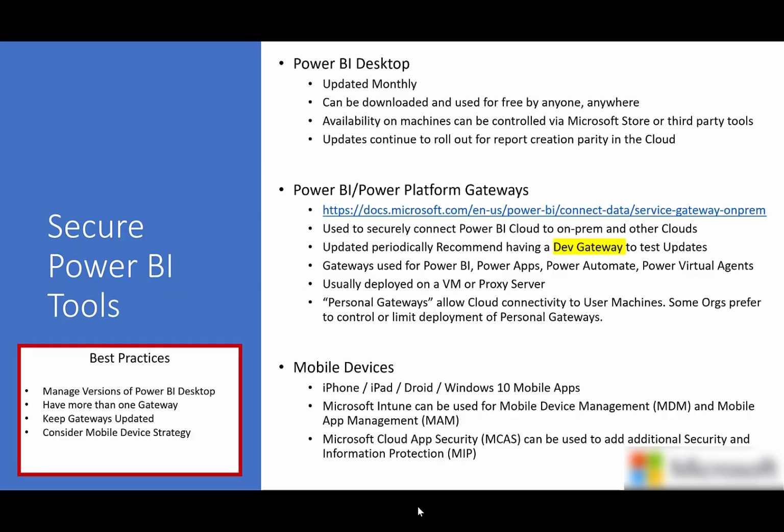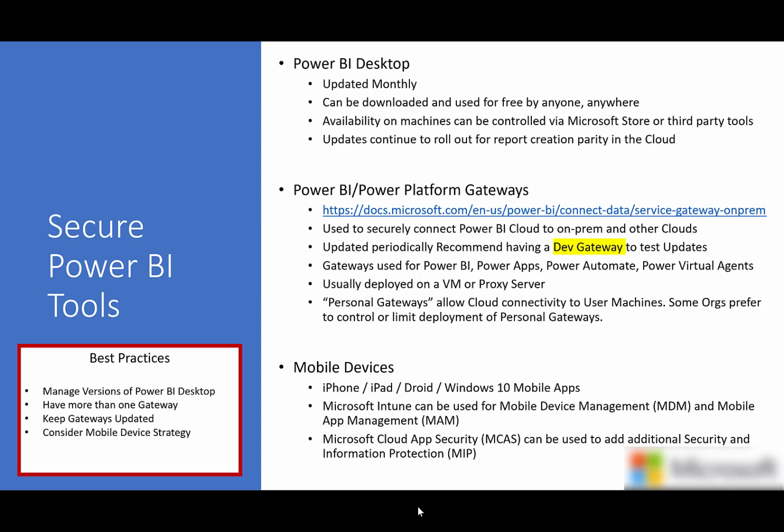First, let's start with some of the tools that your users will be using with Power BI that you may want to consider securing. First of all, Power BI Desktop is updated monthly. It can be downloaded for free by anyone, anywhere from the public internet. However, on company machines, you can control access to that piece of software using the Microsoft Store, also third-party tools.